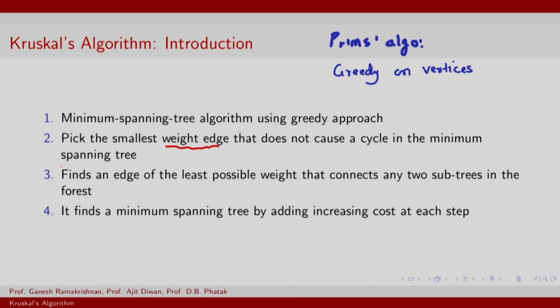So the specific strategy is to find an edge of the least possible weight that connects any two subtrees in the forest. So instead of building a single tree at any point of time, you have a bunch of trees, tree 1, tree 2, tree 3 and so on, a set of trees, and as far as possible you try and connect these trees in a way that the edge connecting them has the least possible weight.